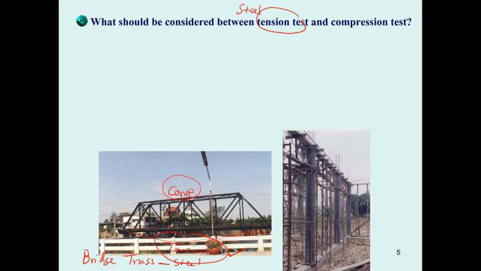Okay, and for the other, that's reinforced concrete. We may construct reinforced concrete as a column of the structure, and the column is usually subjected to compression. That means if you draw the free body diagram, the column will be subjected to force on the top and on the bottom.